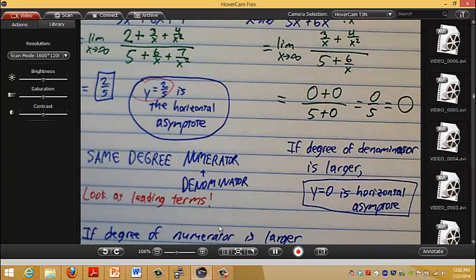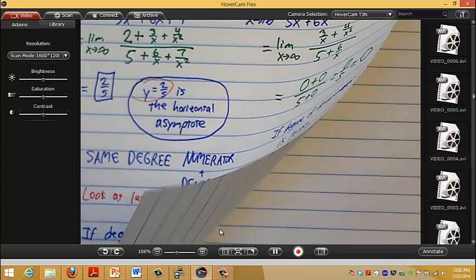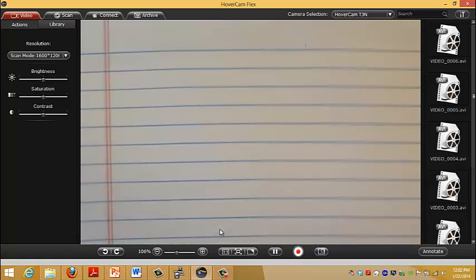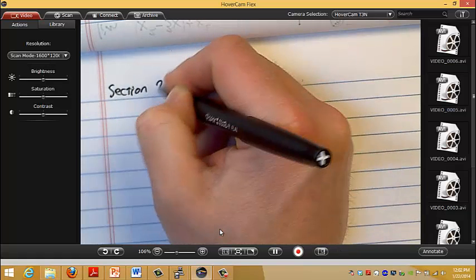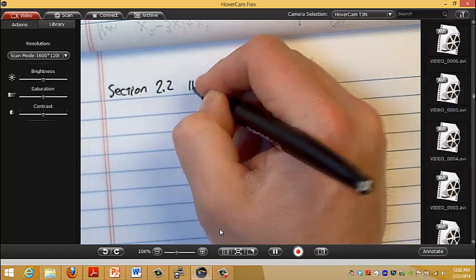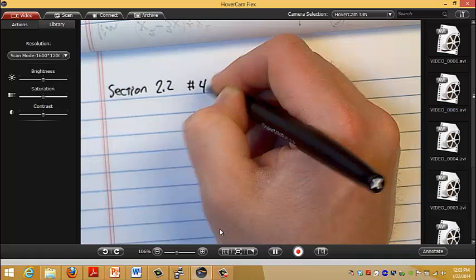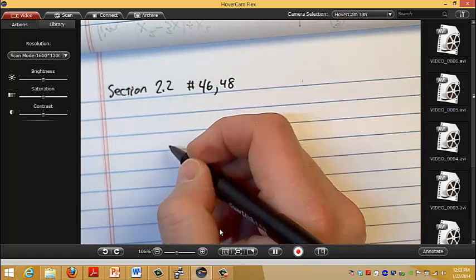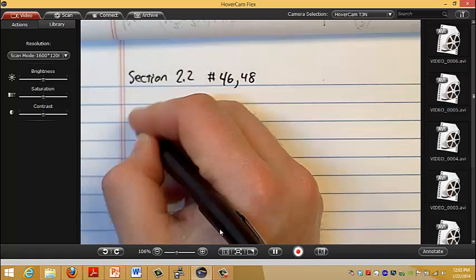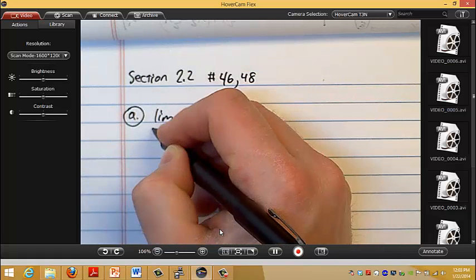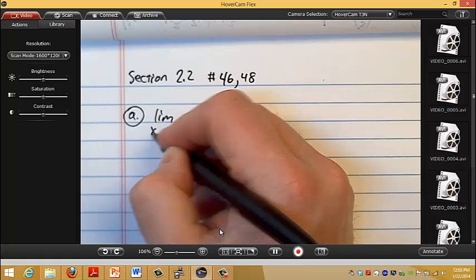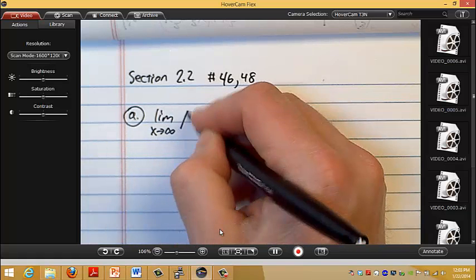So to do this problem, let me go ahead and write it out. Again, this is section 2.2. We're going to try problems 46 and 48. And the first thing they wanted me to do is compute the limit as x approaches infinity of this n of x.